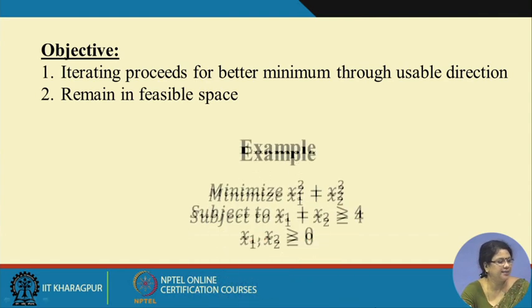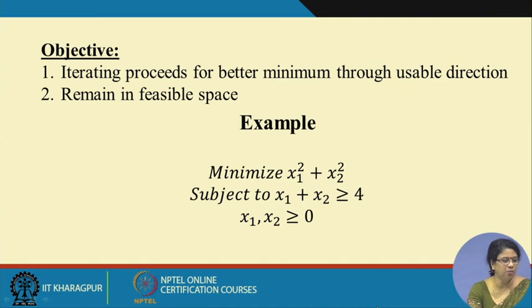And for explaining more about it, I am giving one example of what the descent direction and the feasible direction mean. This is the problem for us. Descent direction corresponds to the objective function and feasible direction refers to the constraint function.